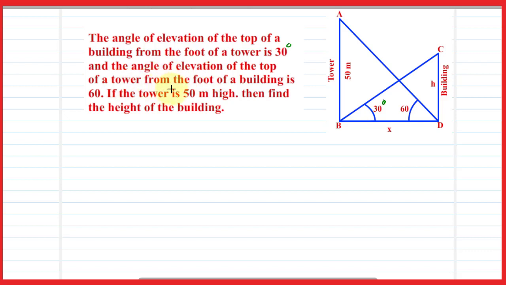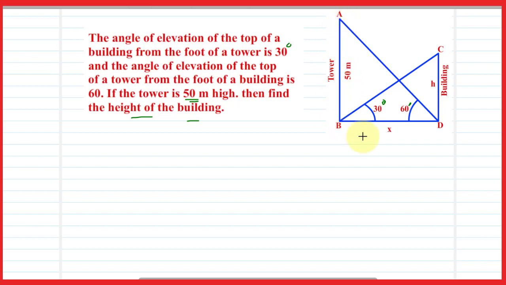And the angle of elevation of the top of the tower from the foot of the building, D being the foot of the building, is given as 60 degrees, and we have to find the height of the building when the height of the tower is given as 50 meter.